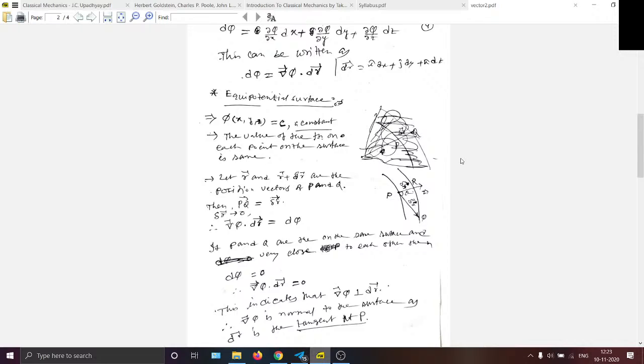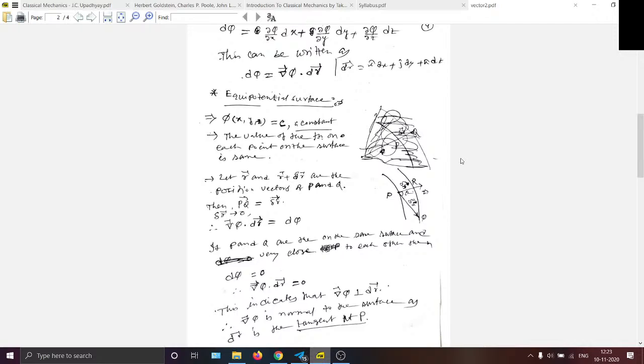Now, if you have an equipotential surface, the scalar field is uniformly distributed and the distribution forms an equipotential surface. That means phi of xyz, which is a function of xyz, is a constant, so it will form a surface, and on the surface the value of the function at each point will be the same. That's why it is a constant c.